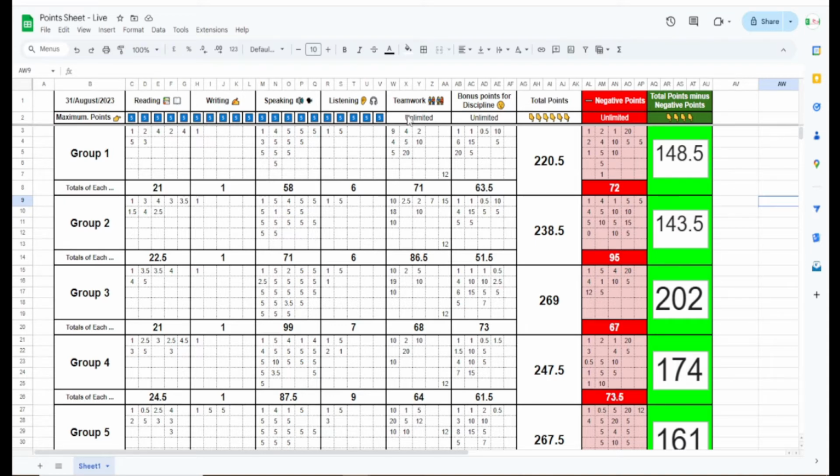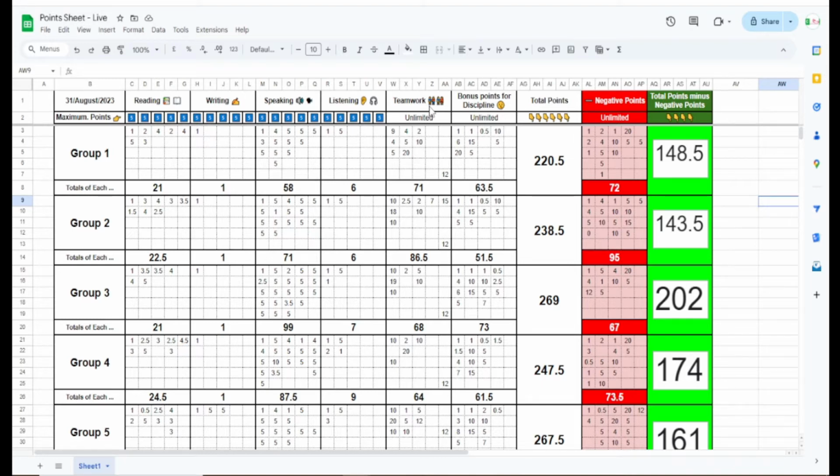For teamwork, I have mentioned unlimited points, so I can give as many as I want. We don't know how children will be in teams.